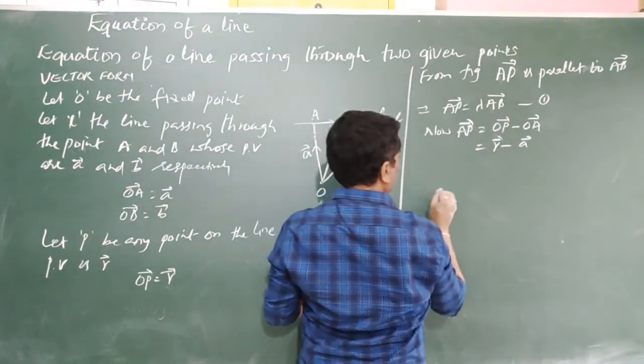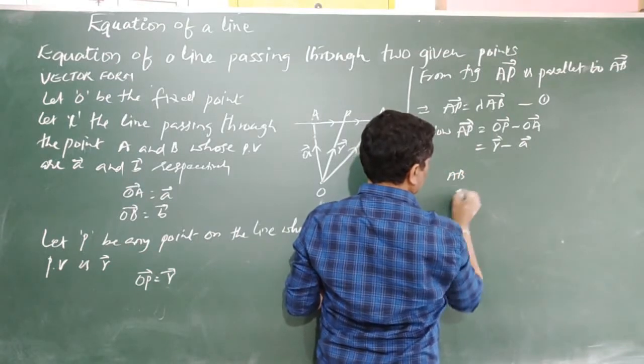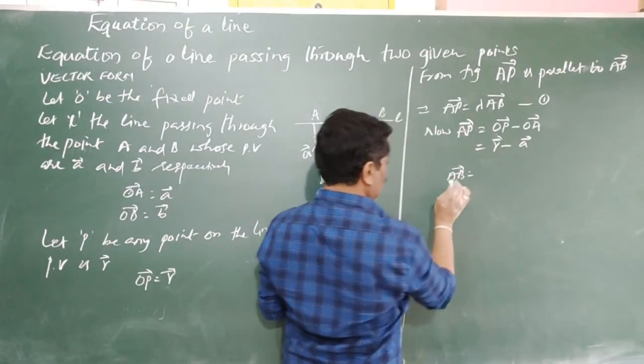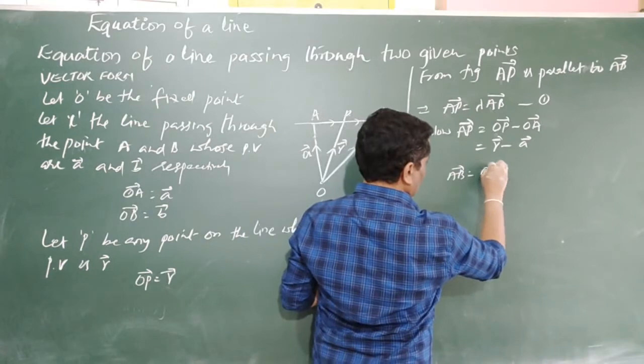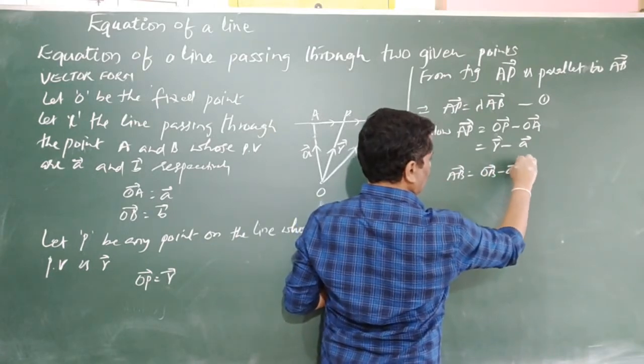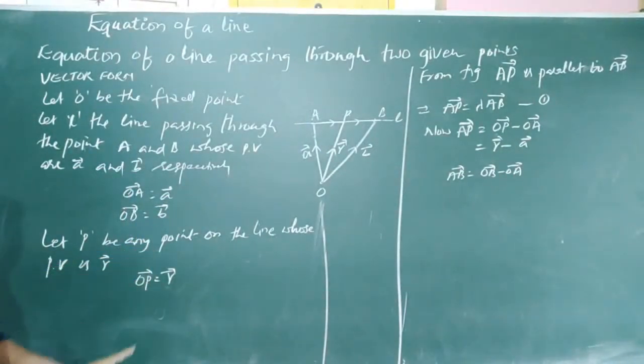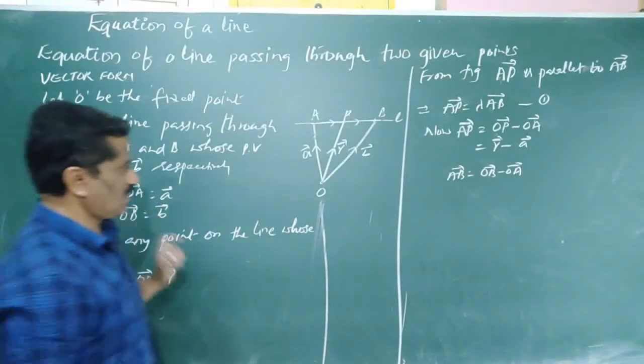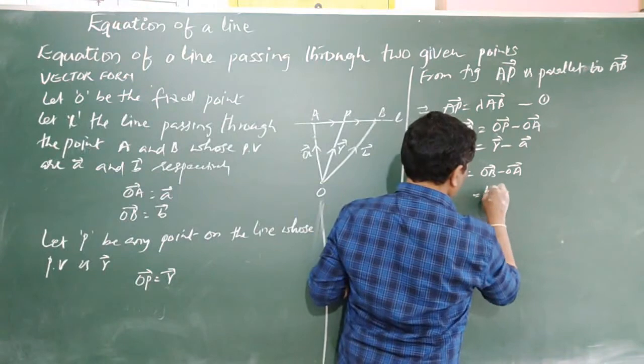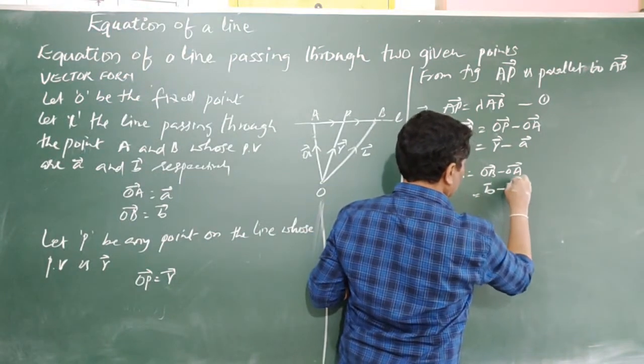Similarly, AB bar is equal to OB bar minus OA bar, which is b bar minus a bar.